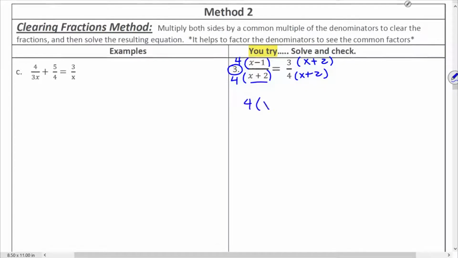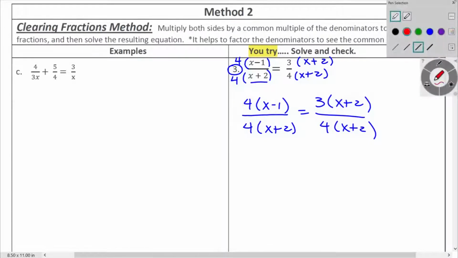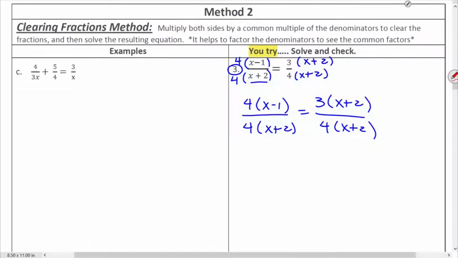I have 4 times x minus 1 divided by 4 times x plus 2 is equal to 3 times x plus 2 divided by 4 times x plus 2. Okay, so what I can do now is multiply both sides by my common denominator, 4 times x plus 2 and 4 times x plus 2.